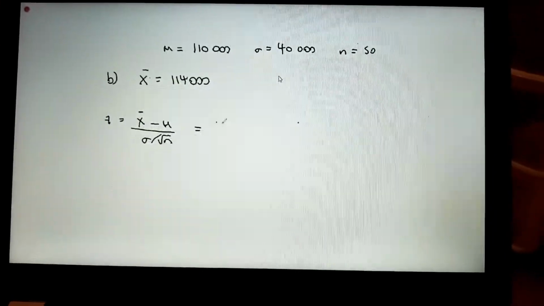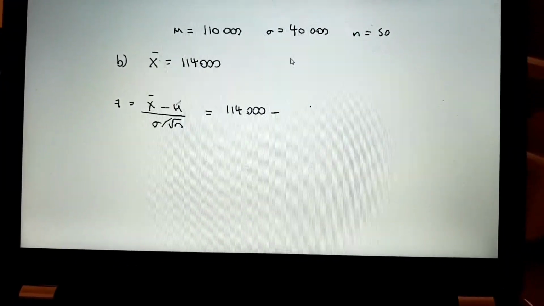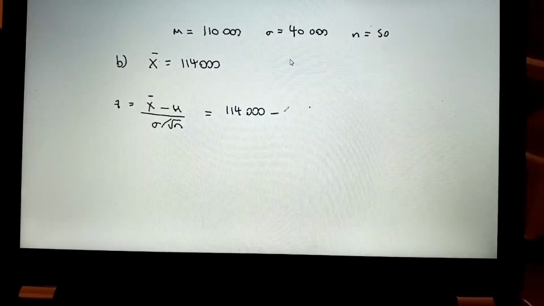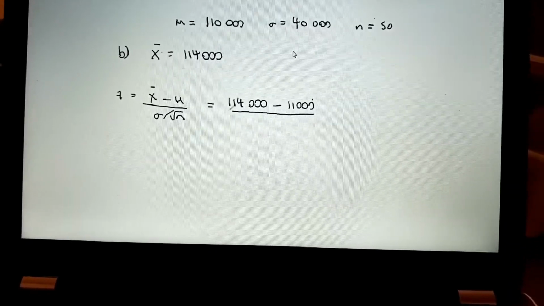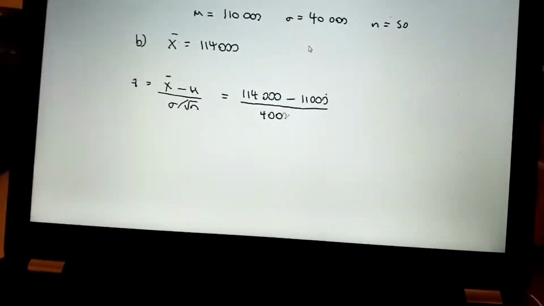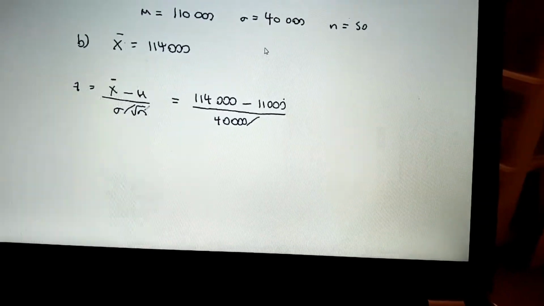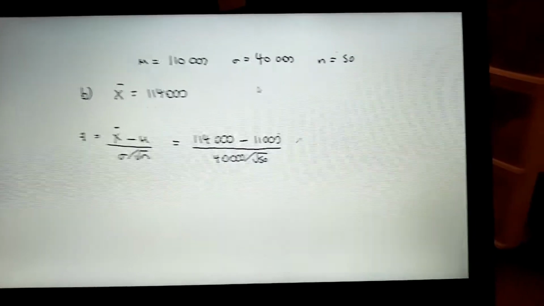So let's do 114,000 minus the mu, the average, which is 110,000, divided by sigma, which is 40,000, over the square root of n, which is 50, so square root of 50.